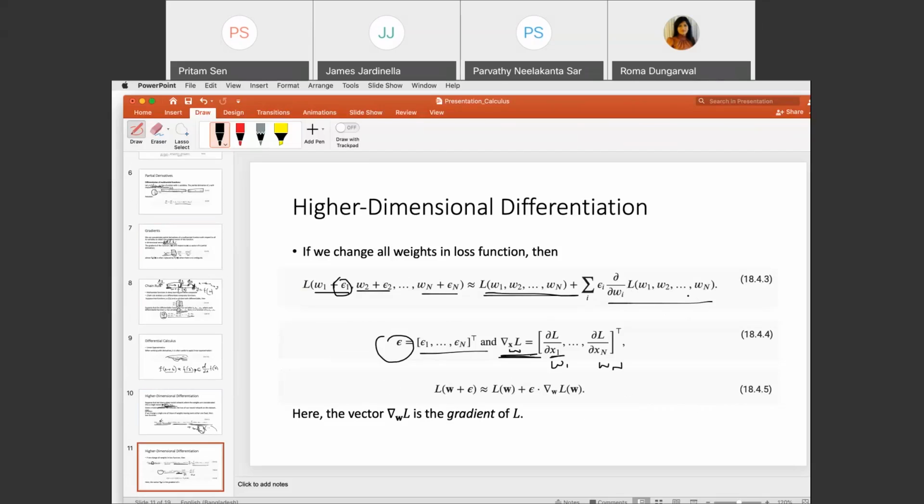So the whole equation can be presented in this simpler form: the loss function at the weight plus the error or the change equals the previous loss function plus the gradient, which is a dot product, with the change.